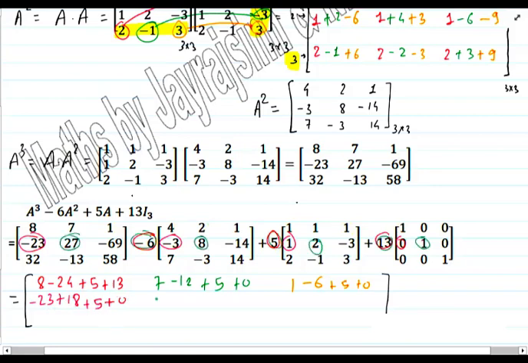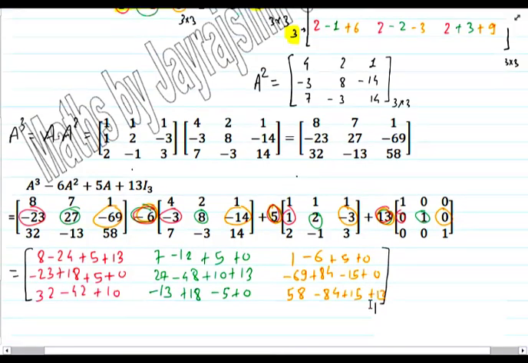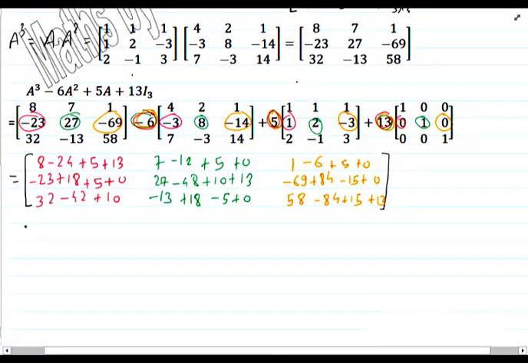Next one is 27 minus 48 plus 10 plus 13. The last term will be minus 69 plus 84 minus 50 plus 0. Similarly, we can get the rest of the terms, and to obtain the last answer, we just have to simplify.